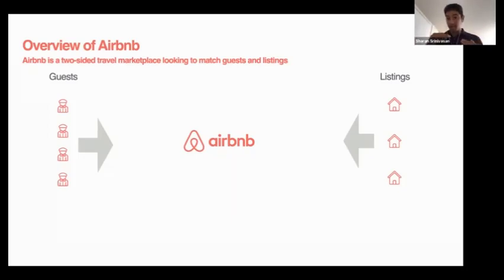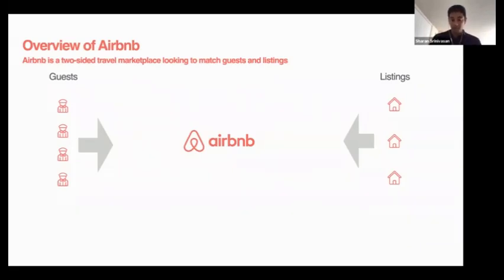Airbnb fits in the middle and tries to find for every guest the best listing among all the inventory that's available. If there are 1,000 listings and there are 5 guests who are searching every day, the goal here is to match every guest to the optimal listing given a set of search parameters, etc.